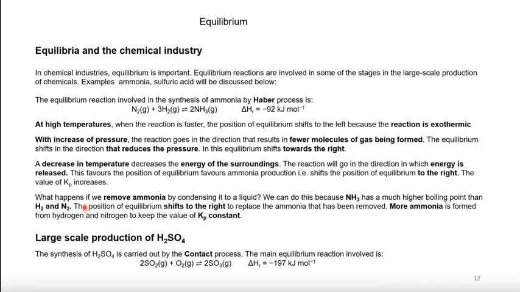And then when we produce sulfuric acid, it's also an exothermic reaction. So we can find all these together, and that is what chemical equilibrium is, which is very important for our applications in chemical industries.